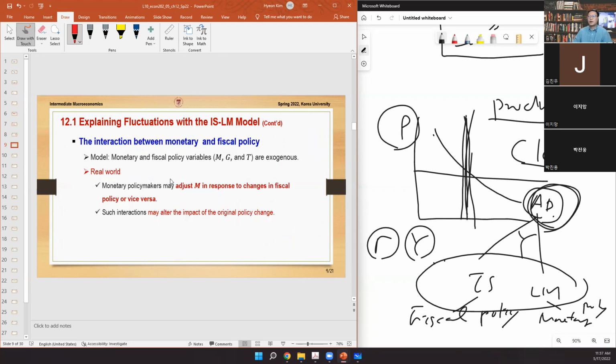Okay, here. I already mentioned this a little bit before. In the usual case, the monetary and fiscal policy variables are exogenous. And usually, again, the chairman of the Bank of Korea said he would like to take some additional action for controlling higher inflation.